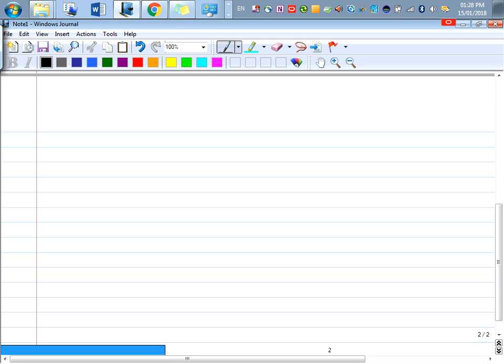For example, let us try a very, very small number such as 0.0003. Okay, quite a small number, right? This again will be equal to 10 to the power of -4 times 3.